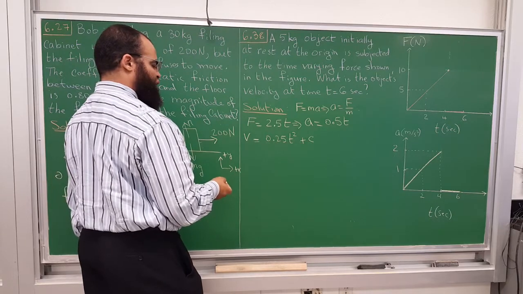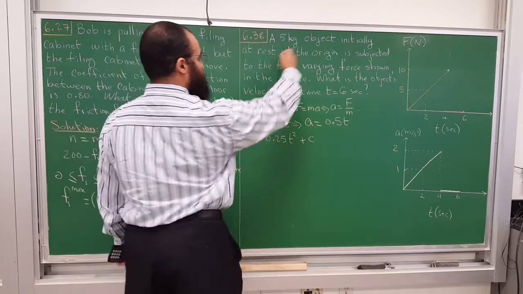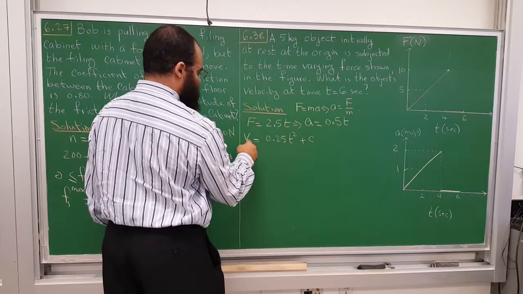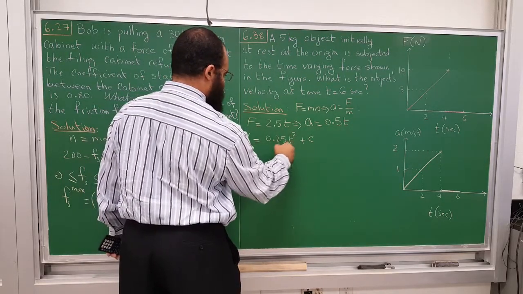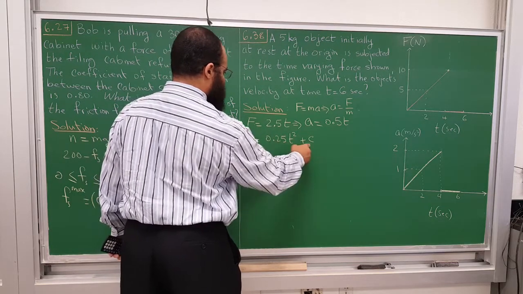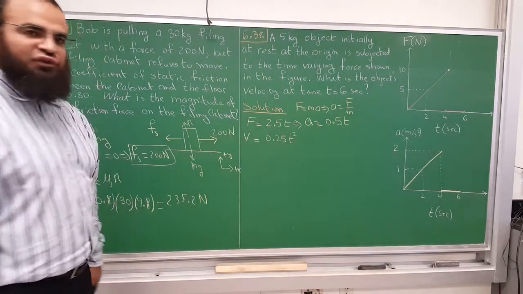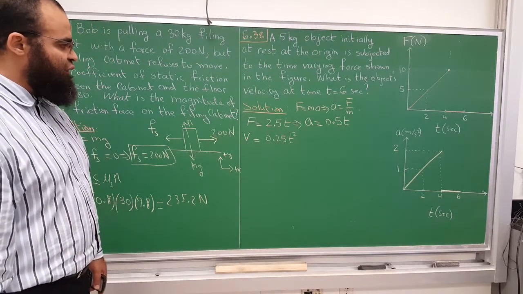And we can determine what that constant is. That constant is 0, because the velocity at t equal to 0, it was at rest at the origin. So when you substitute t equal to 0, I need 0 on the left side. So c itself is 0, so I would just erase the c. So that's the velocity as a function of time.